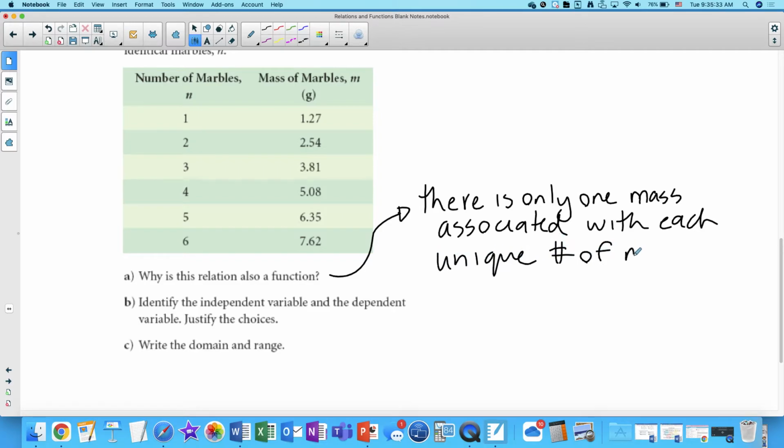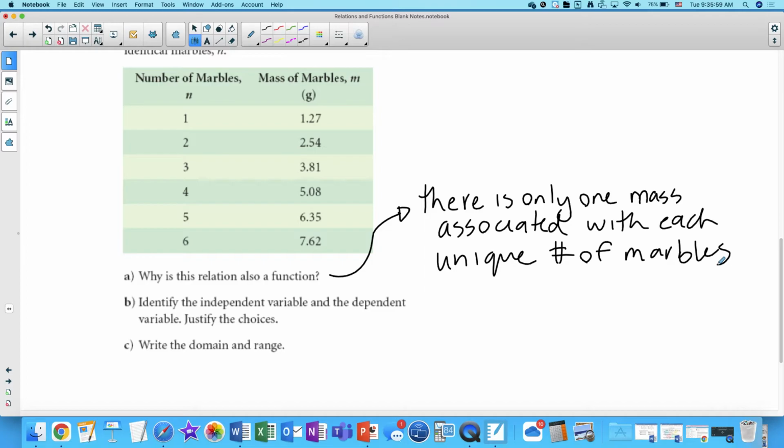Identify the independent variable and the dependent variable and justify your choices. So what is the independent variable here? Number of marbles. Dependent is mass. Why is that? Because without the marbles, there would be no mass. Yeah, that's a good way of putting it. And I also think back to science.